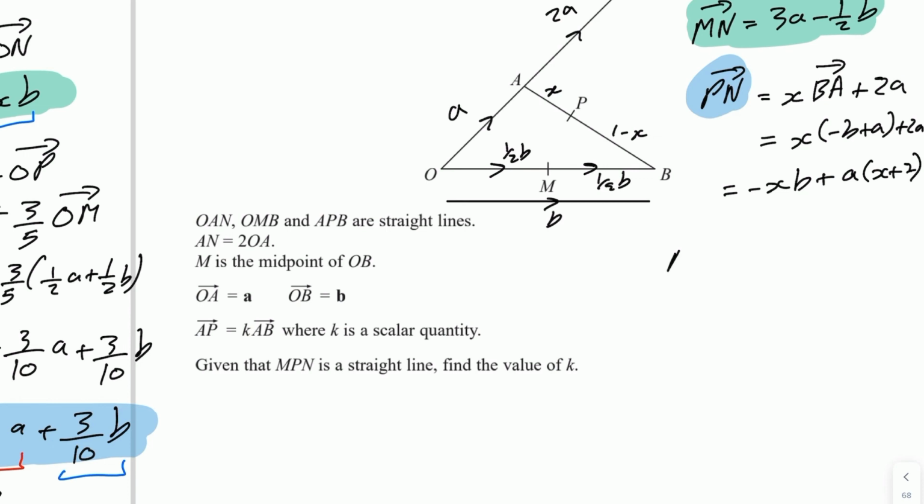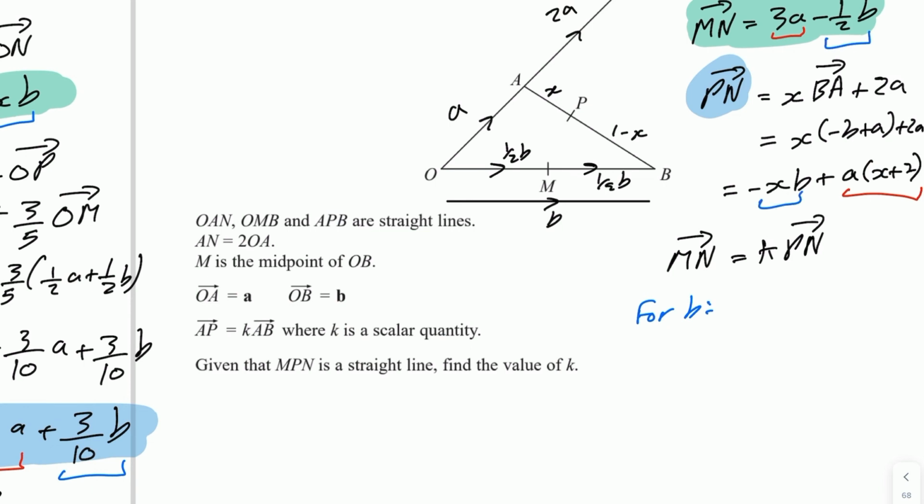So we have MN is equal to k PN. If I use the red, we're going to look at b first. It doesn't really matter which way around you do it, but I've just noticed the b equation looks a lot easier to find out x.